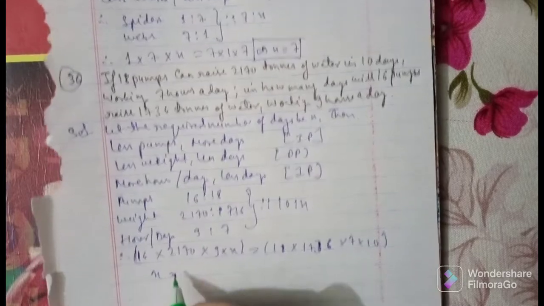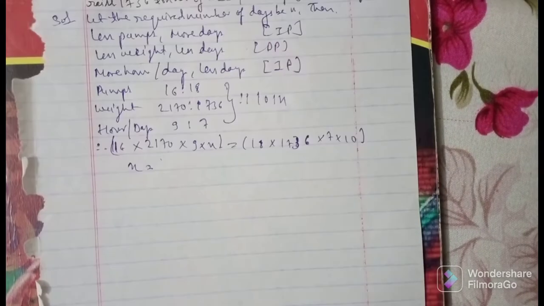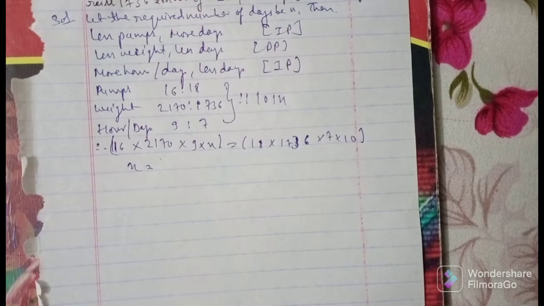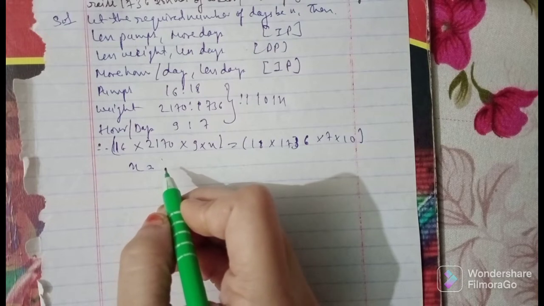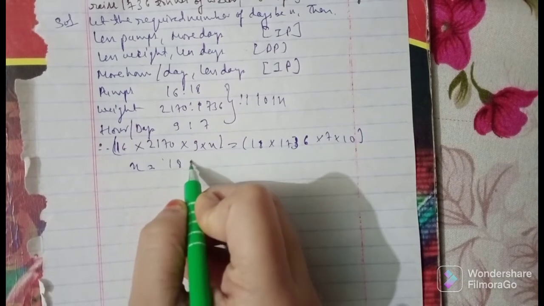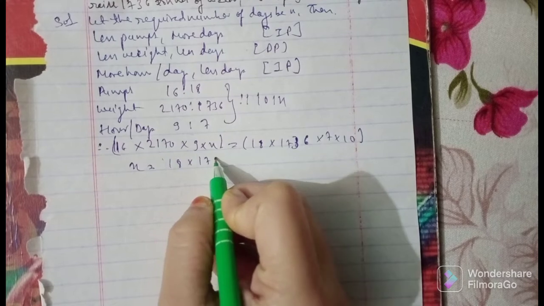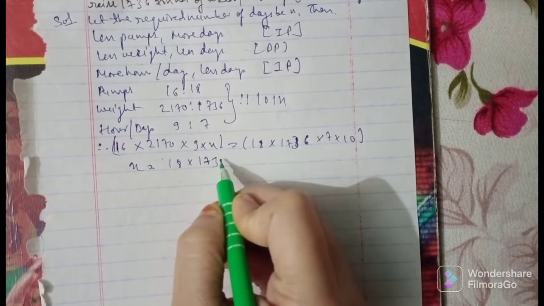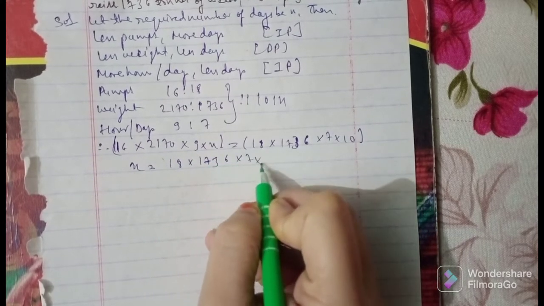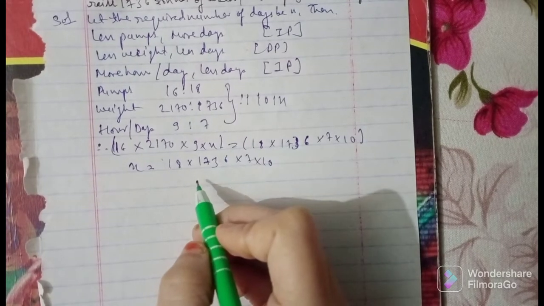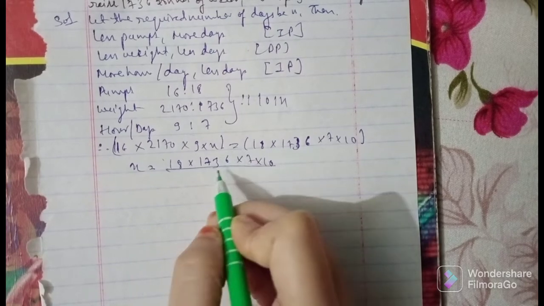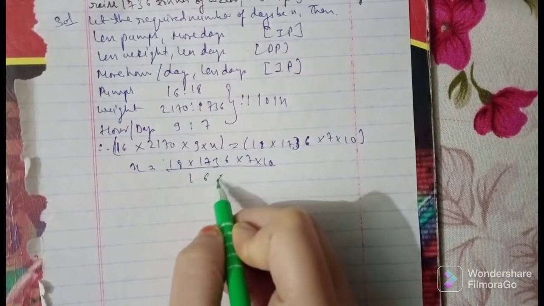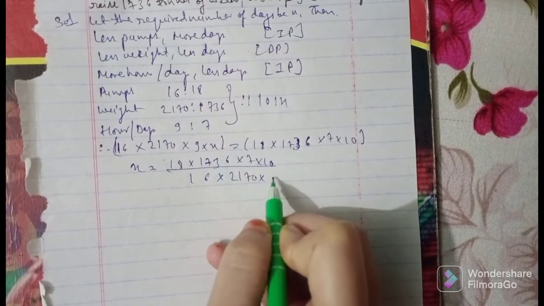Therefore x equals 18 into 1736 into 7 into 10 whole upon 16 into 2170 into 9.